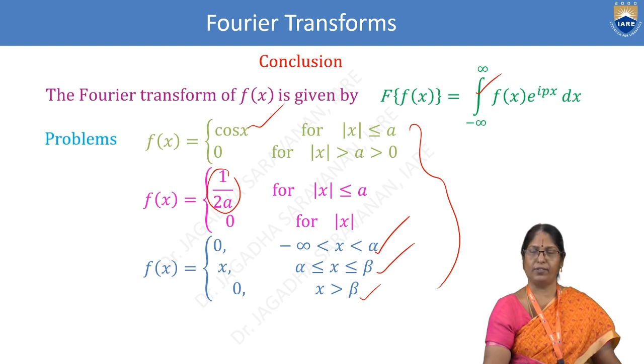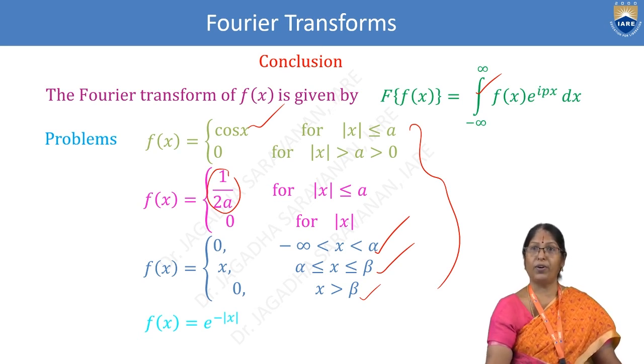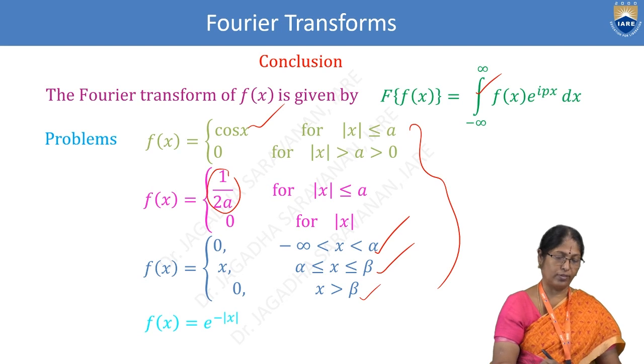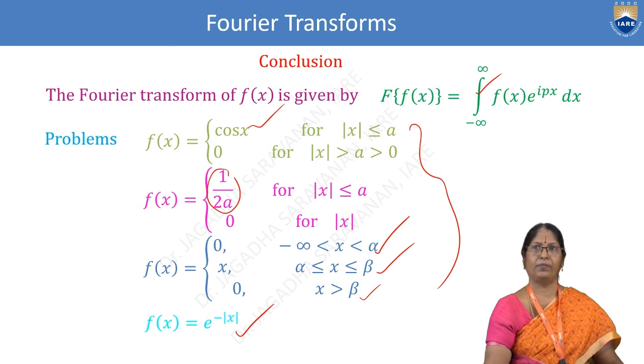The last one, here the interval is not given, but if it is not given, regarding the function, whatever definition is there, we have to recall, remember, and apply. For this, the last problem, e power minus mod x, we discussed it.